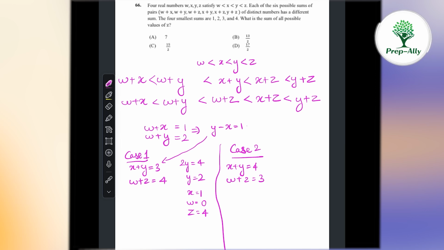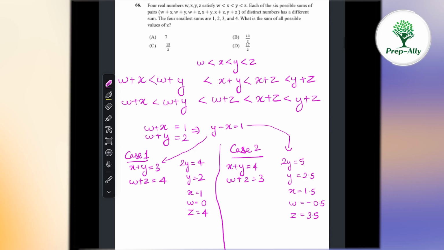And in the second case, when we use this along with this equation, we get 2Y equals 5 and Y equals 2.5, and from this we get X equals 1.5 and W equals minus 0.5, and from this equation we get Z equals 3.5.